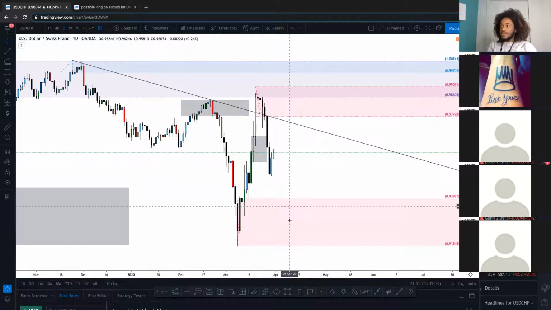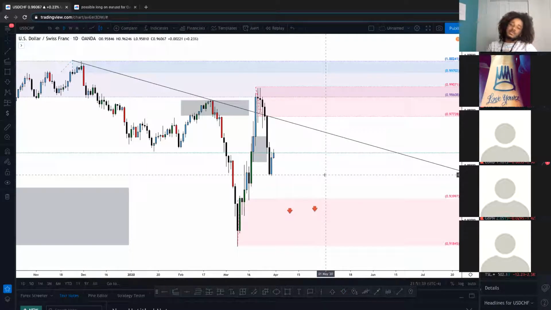If the price comes down here, we can't go long because, one, monthly supply is in control. So what are we expecting? We're expecting this daily demand to be removed, right? We're expecting the price to go through that because the monthly higher time frame is in control.